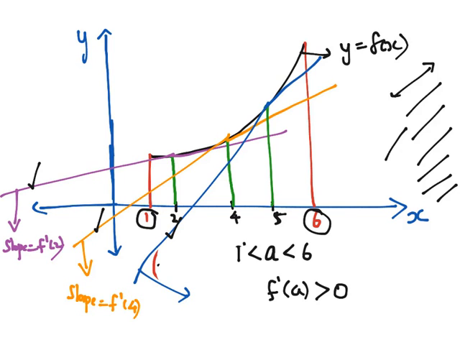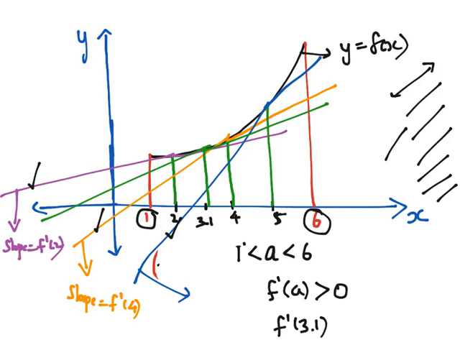Let me cross check. Let me take a value between 1 and 6. Let's say I take 3.1. Okay, where is 3.1? Let's say 3.1 is here. Then what is f dash of 3.1? So f dash of 3.1 is nothing but the slope of the tangent. So I draw a vertical line, and from there I draw a tangent.